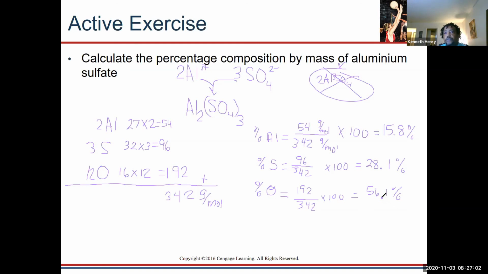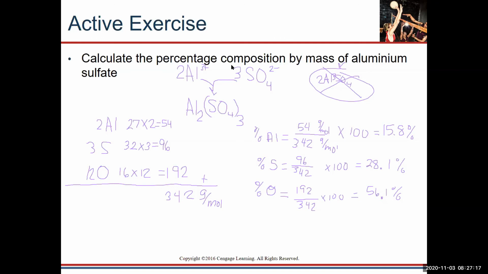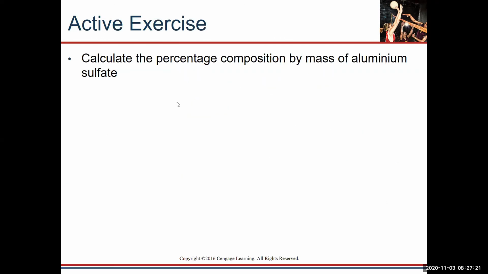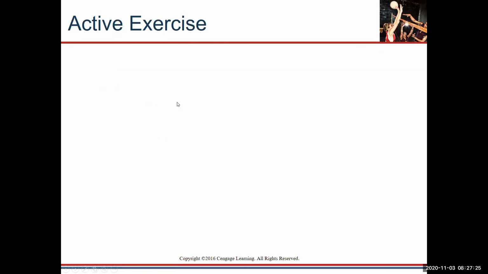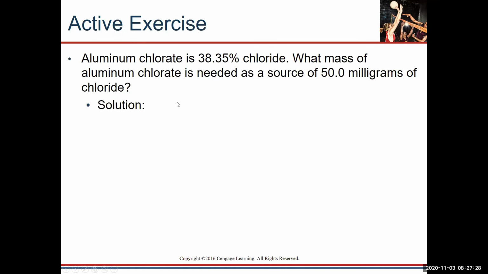So again, we want to remember it's the part divided by the whole, right? Yes.